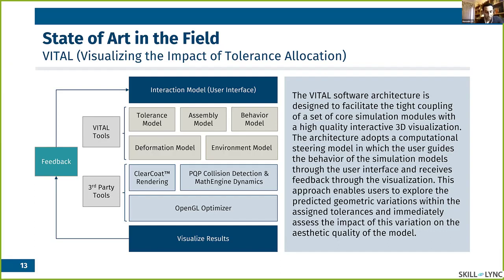The deformation model simulates the effect of component deformation as a result of different tolerance conditions by deforming the geometric representation of the components. The assembly model, which you can see here in the middle, represents and maintains assembly constraints between components and supports the interactive assembly and disassembly of the product within the environment.